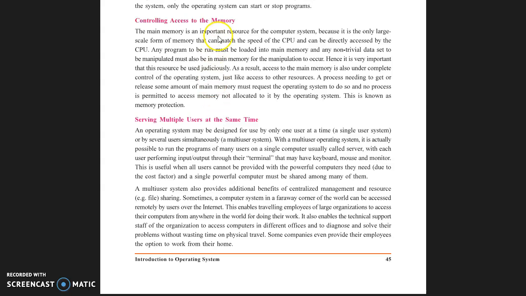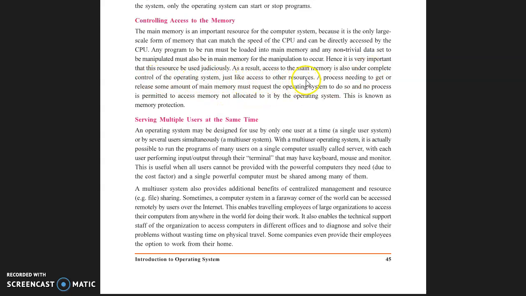Any program to be run must be loaded into main memory, and any data set to be manipulated must also be in main memory for the manipulation to occur. Hence, it is very important that this resource be used judiciously. As a result, access to the main memory is also under complete control of the operating system.